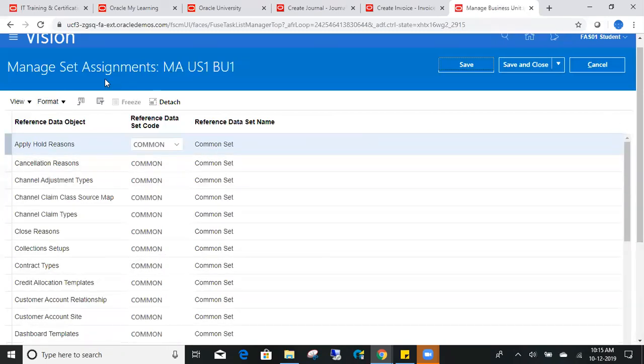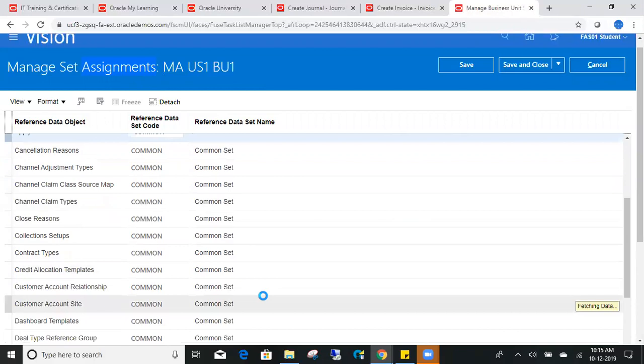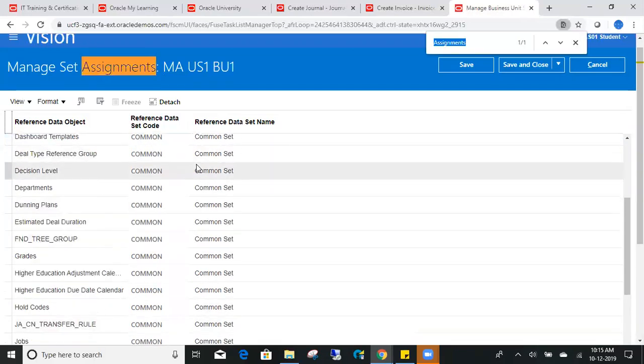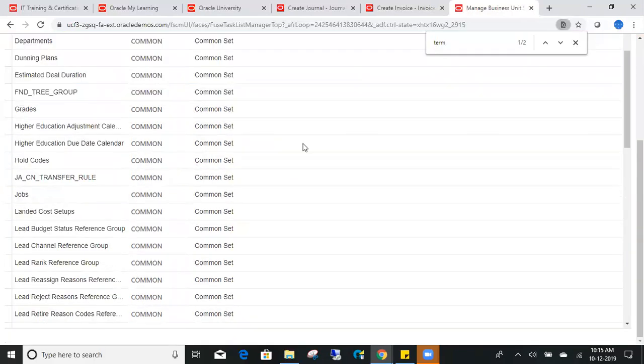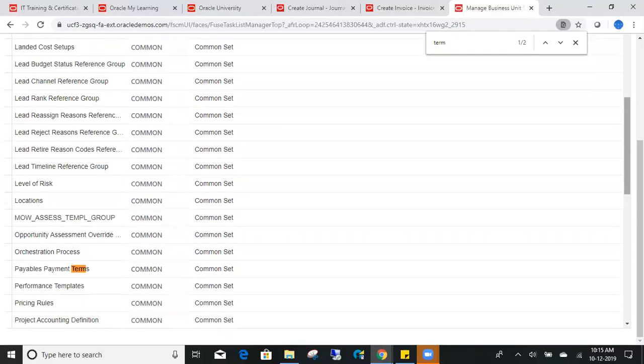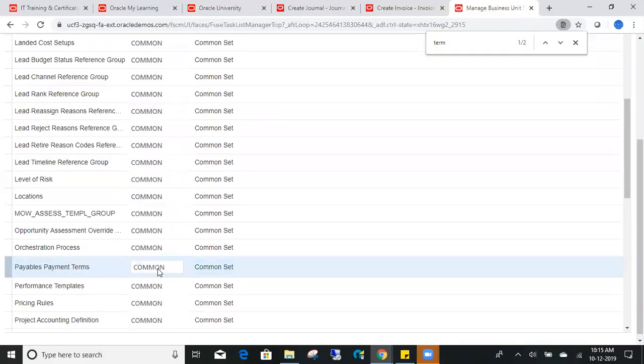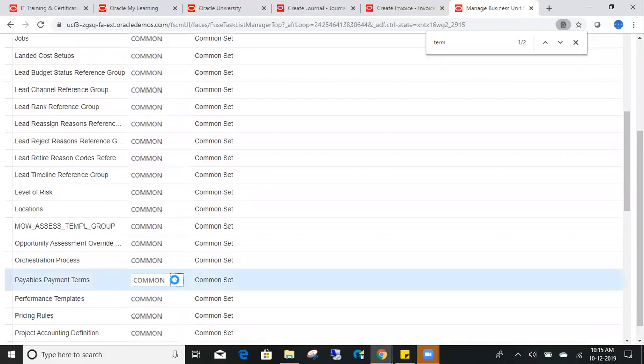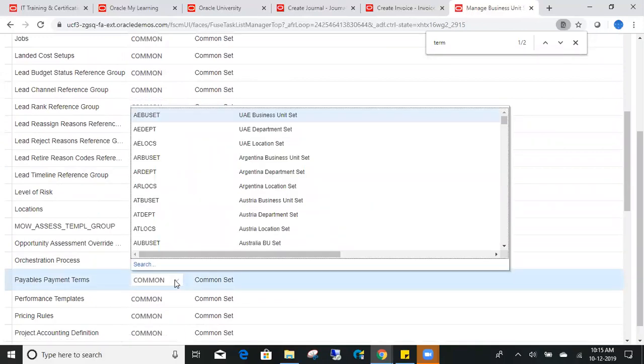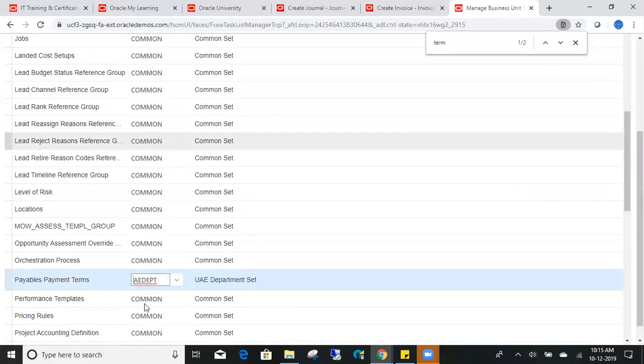Here a very important thing is the common set, the Manage Set Assignment. Assignment is nothing but, as I told you, the payment term, right? If you are checking the payment term, see, payable payment term, I assigned it as common. That means whatever payment terms the common set has, I can use. If they have created a different set and you create with that set, whatever is created under that set is restricted for you.